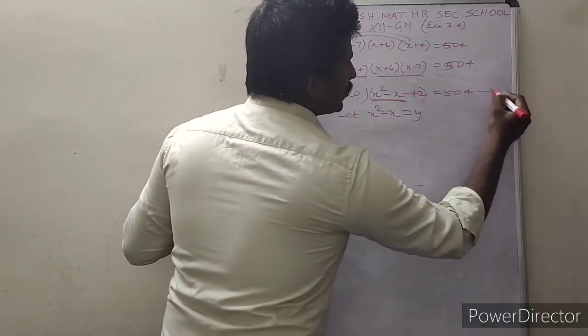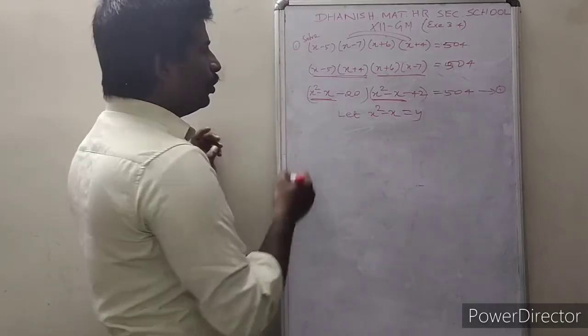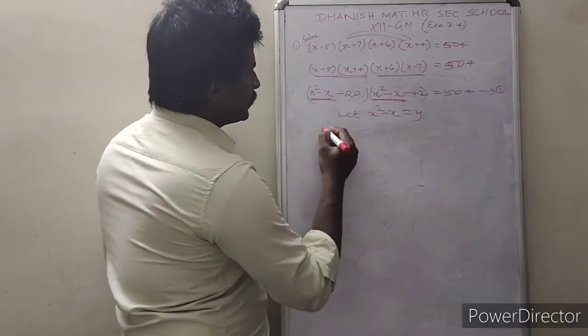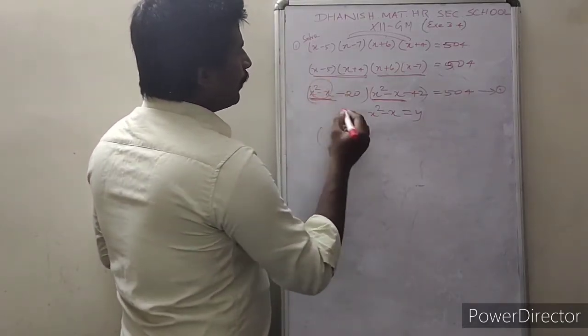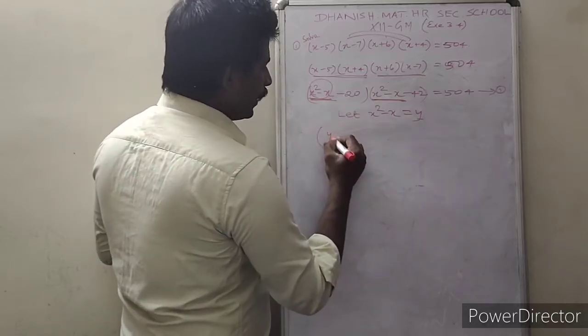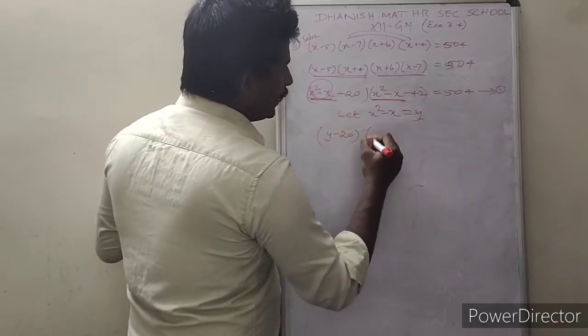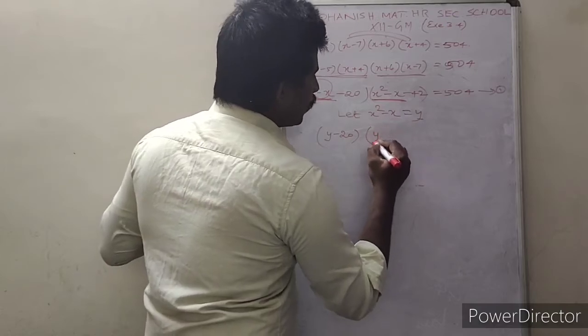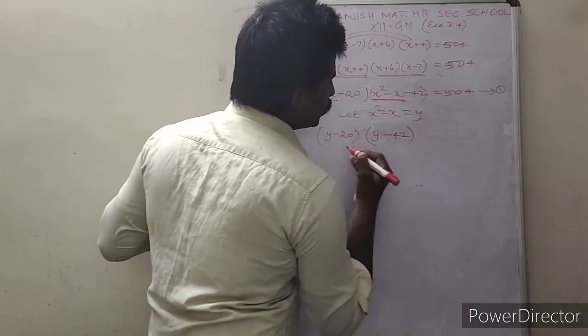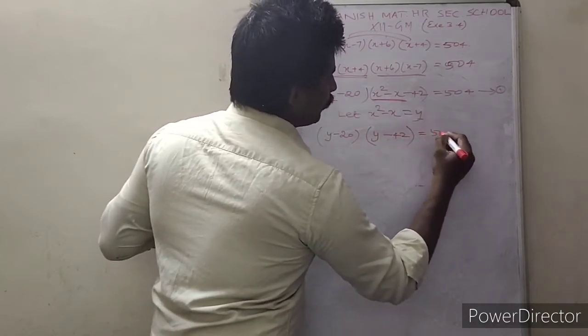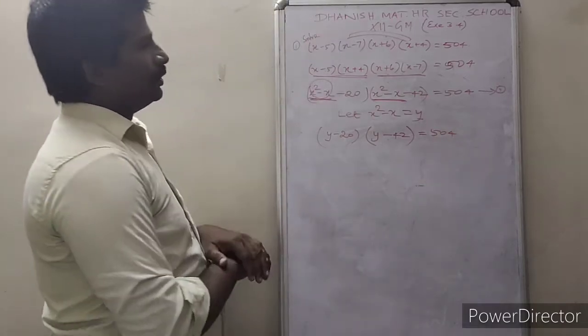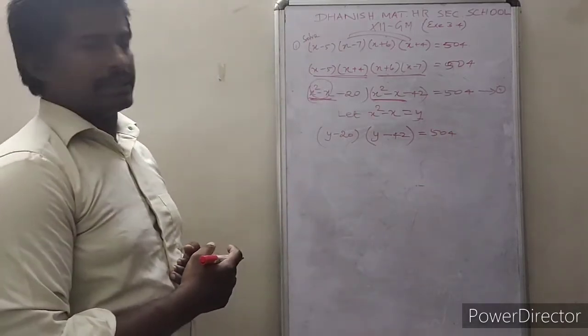We can consider this as equation number 1. So equation 1 becomes, instead of x square minus x, I put y: y minus 20 into y minus 42 equal to 504. There will be no change in the RHS.